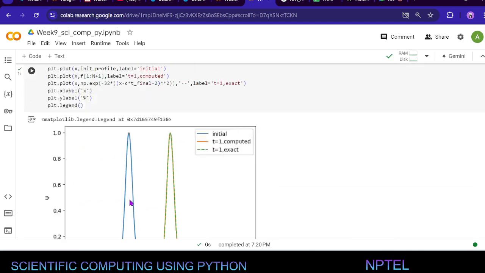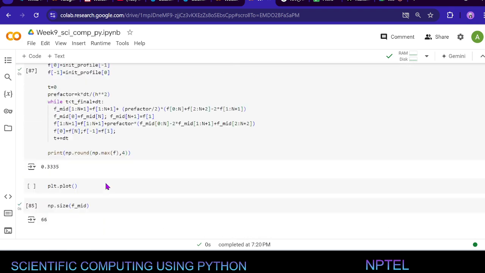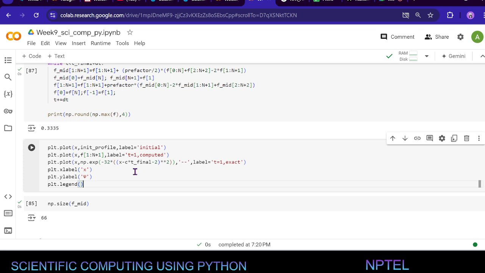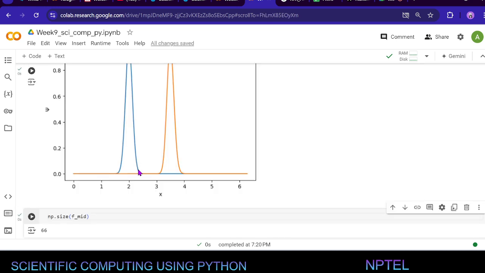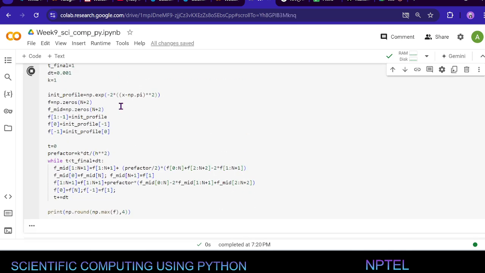So I can copy paste. Except this we don't know. Okay, I need to run this first.